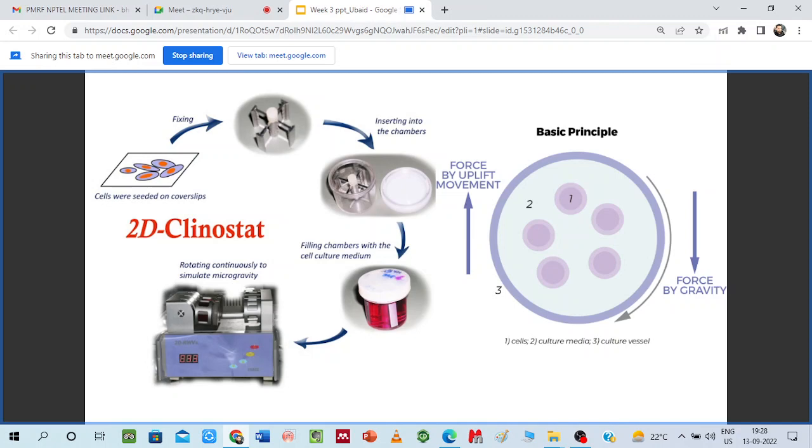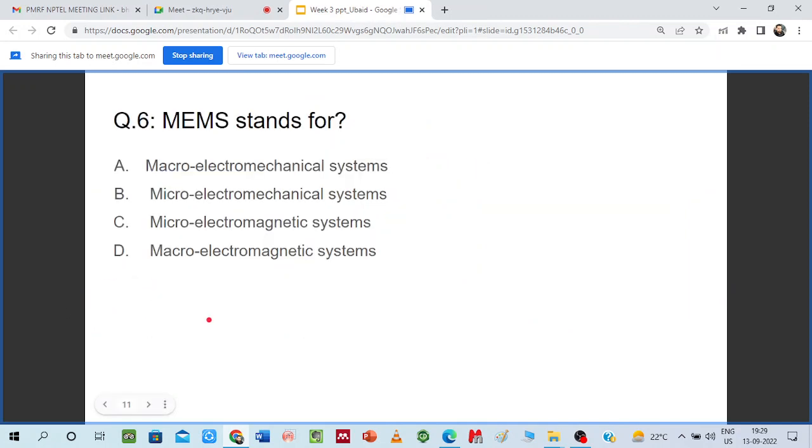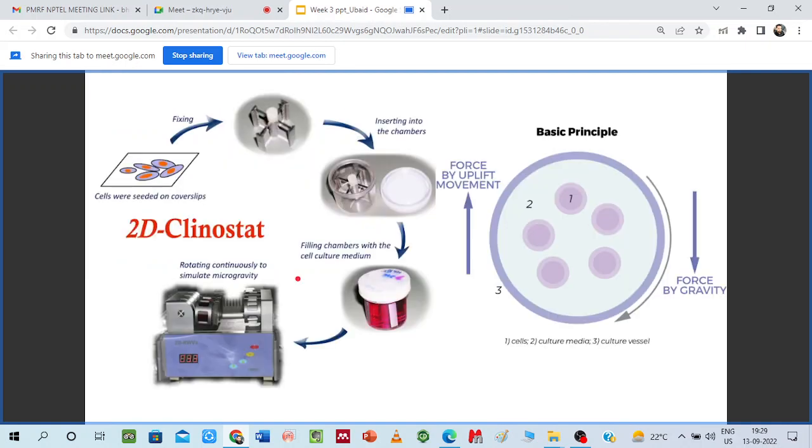So in the normal cell culture, we don't need any of these devices to give the specific environment to the cells to grow. As our cells in the body experience gravity, the cell culture plates experience gravity the same way.